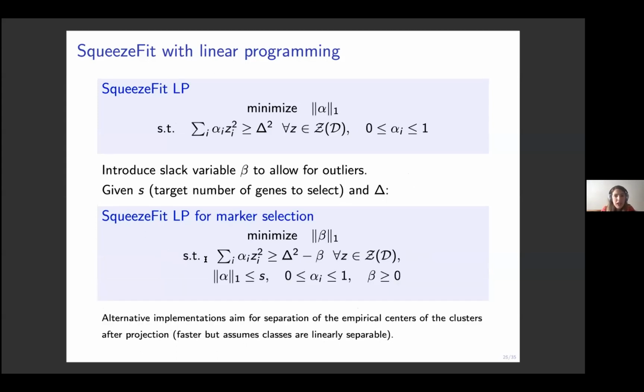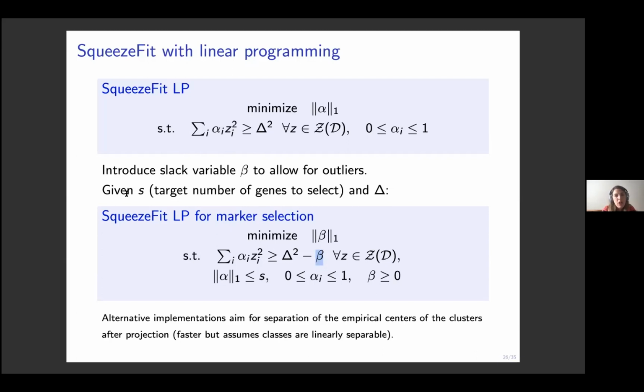We also do small modifications of the formulation of the linear program to introduce a slack variable to allow for outliers. So this beta is how much you went below this delta square threshold that you prescribed, and you minimize how much you went below that threshold for each point.